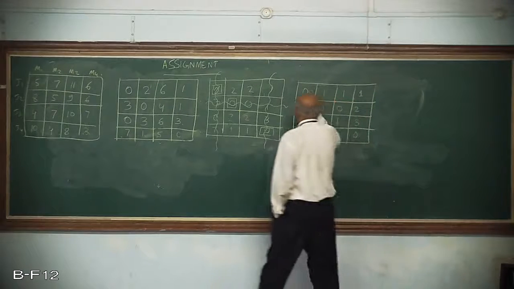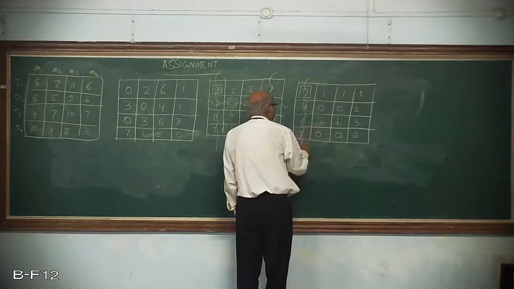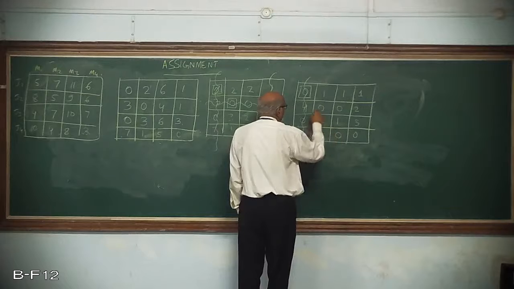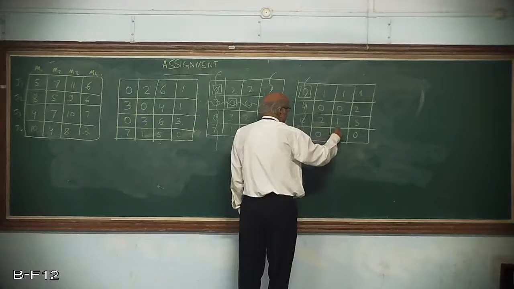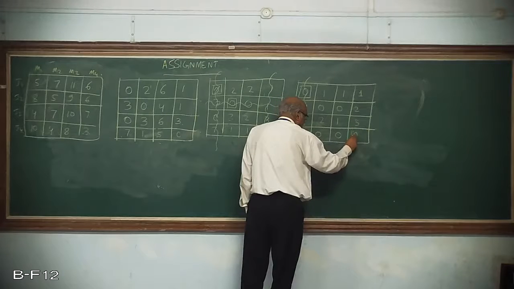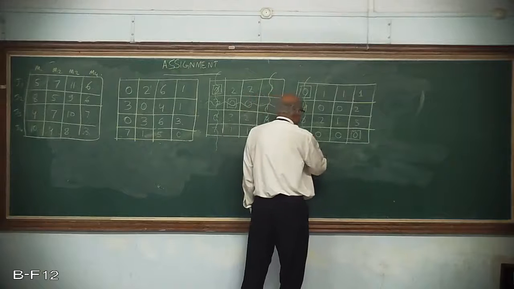First assignment: I cannot do this one row-wise. I come to the columns: this column has 2 values, this one has 2 values. Then I'll go to this one. I'm going column-wise, so I will enclose this and draw a vertical line.